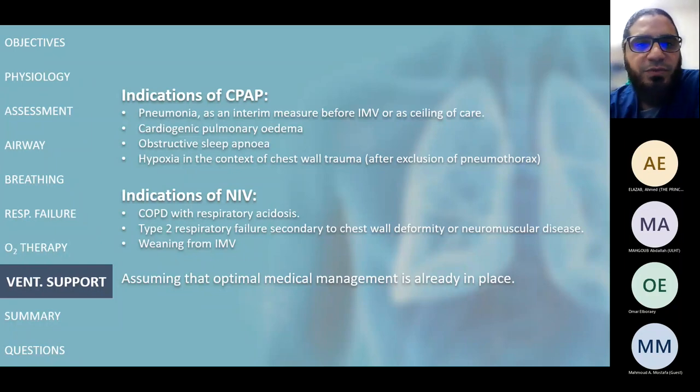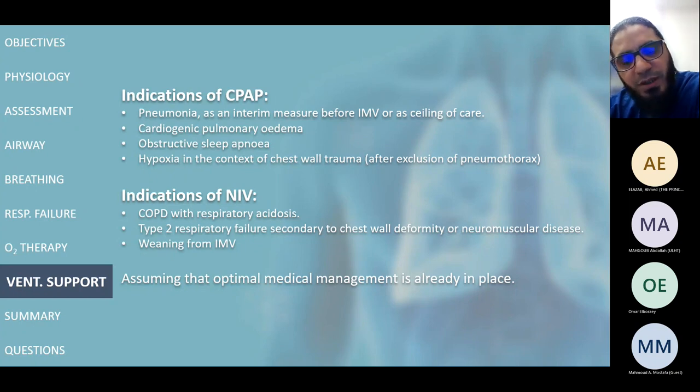You can give him some sort of high flow with a pressure to give him comfort and reduce the work of breathing. For a patient who has severe pneumonia, you can start CPAP initially. It's either a bridge before invasive ventilation to see if it works, you can reduce the need for invasive ventilation, or it might be a ceiling of care.